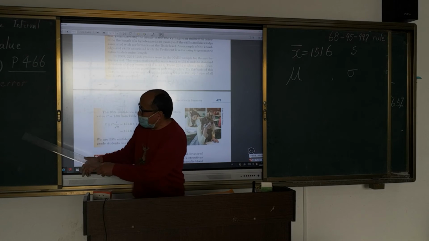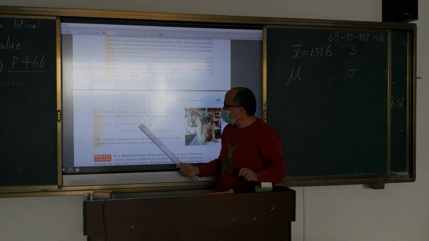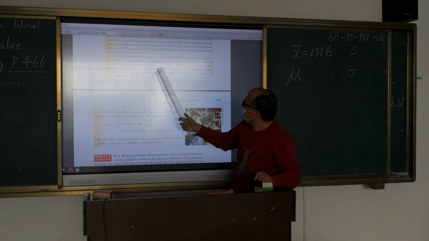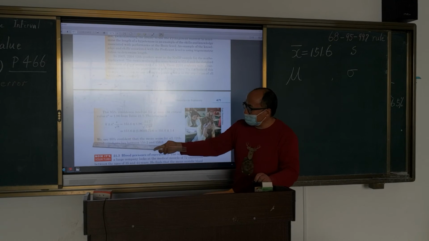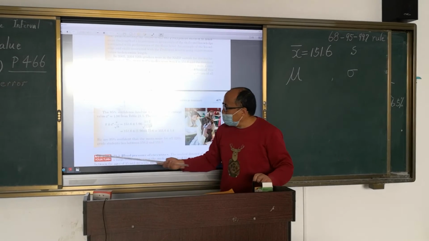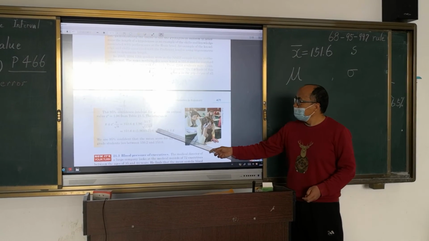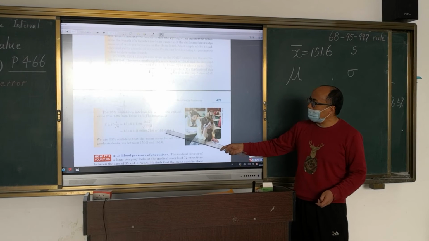So basically they plug in the formula 1.96 and the standard deviation is 33.7 divided by the square root of the sample. And so in the end is 1.